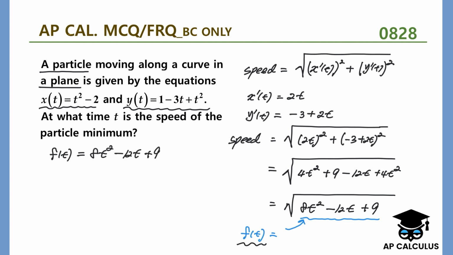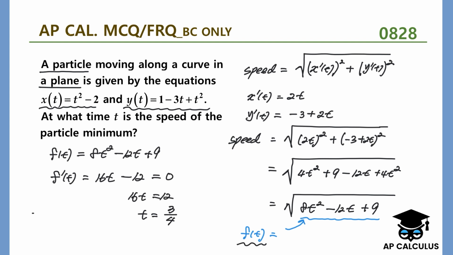In order to find the minimum of f, we're going to have to differentiate this function, right? That's 16t minus 12. And set that equal to 0 to find the critical point, right? 16t is equal to 12. So we have t is equal to 12 divided by 16, that's 3 over 4, right?